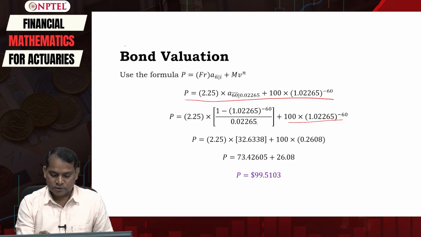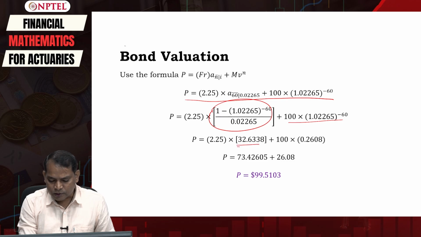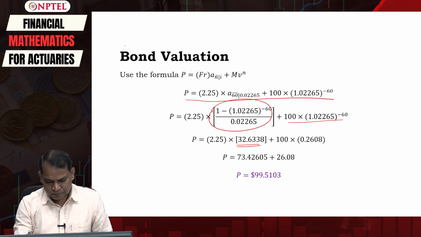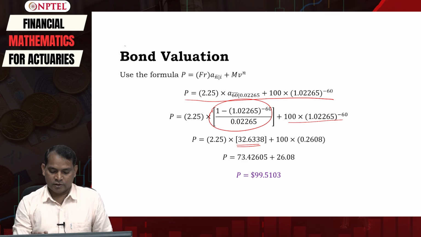Upon calculation using the calculator, we will get this value as 32.6338. I have already calculated it for the example here, and therefore I have directly written it. You can also check yourself using your calculator, and you will get the same value.